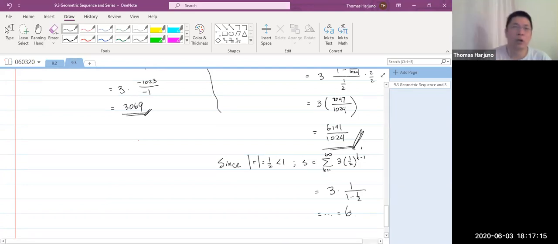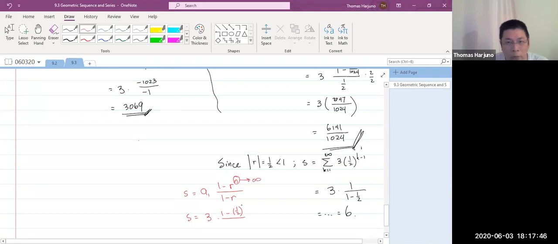Okay. Now, why does the formula become like that? If you see S infinity, it's supposed to be the first term times 1 minus r to the n over 1 minus r, right? Now, let me use this example. If the magnitude of r is less than 1, the n goes to infinity.